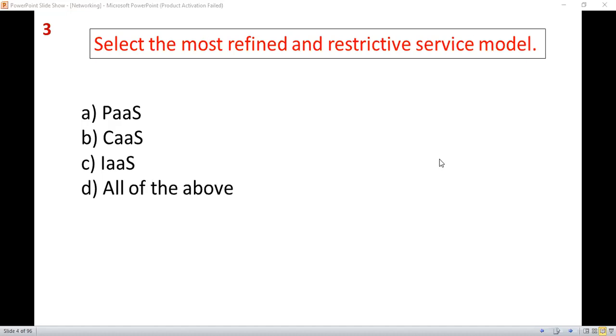For example, Microsoft Azure is an example of a well-known CaaS platform.